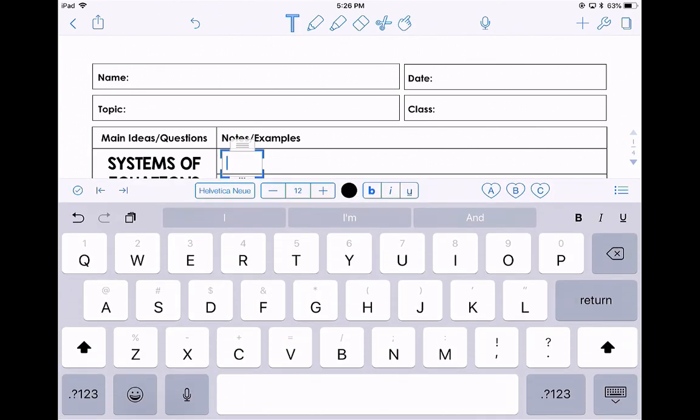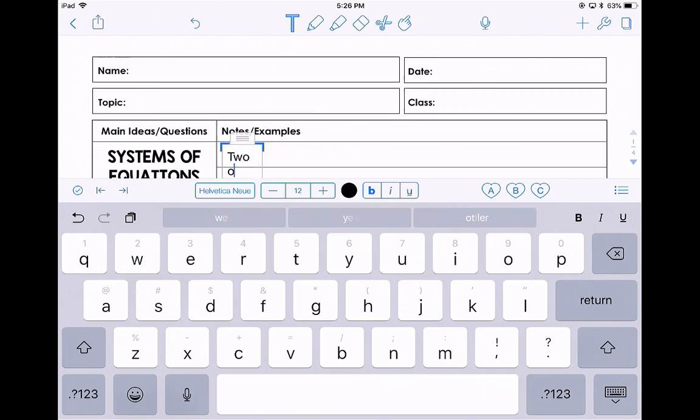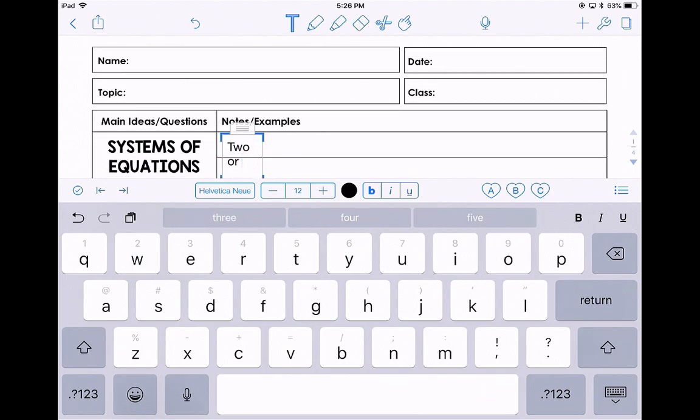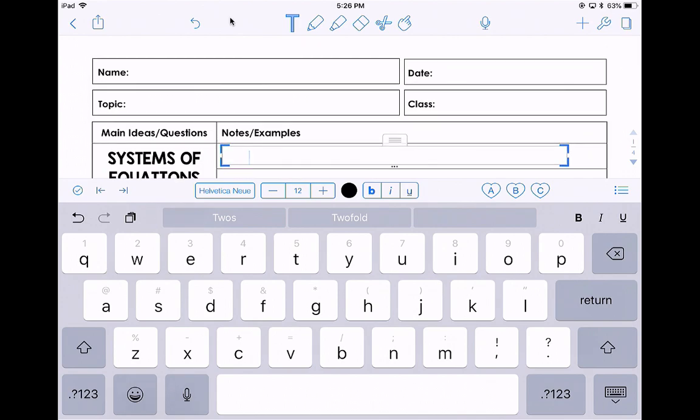So I'm going to type that in here. Two or more equations with the same variables.